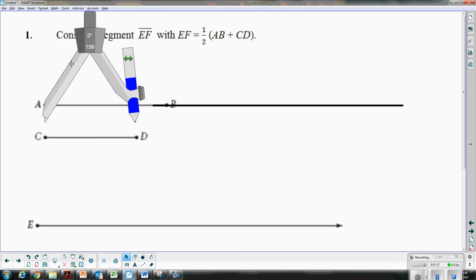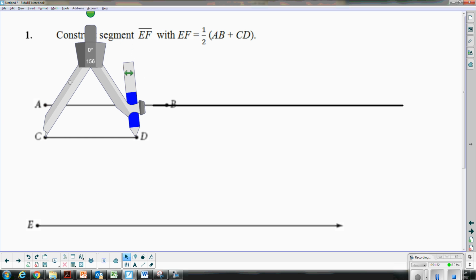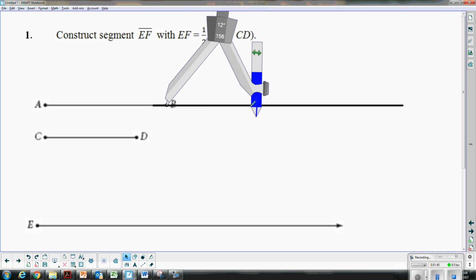So first you want to extend your segment AB so that CD can actually fit on that segment. And then you're going to go right from B and add that segment CD.